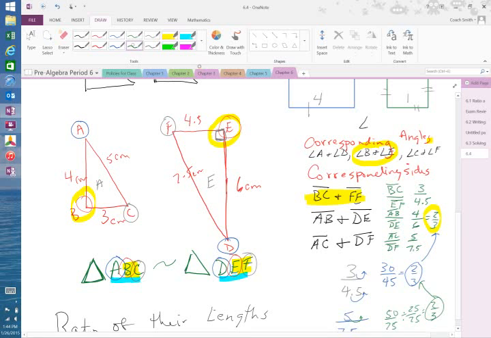B has to be 90 degrees. So yes, it is 90 degrees, but you didn't know why it was 90 degrees. You couldn't prove it to me. Now, that's how we figure corresponding sides, corresponding angles, and corresponding measurements.